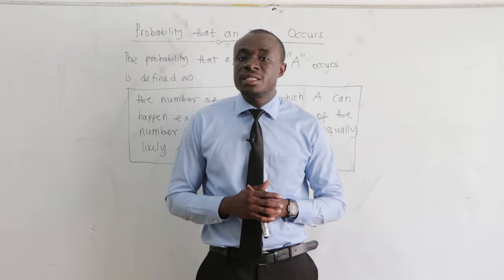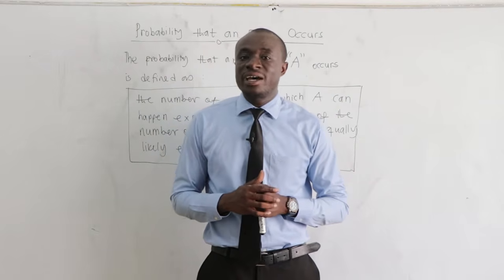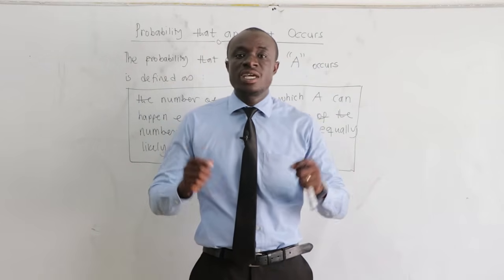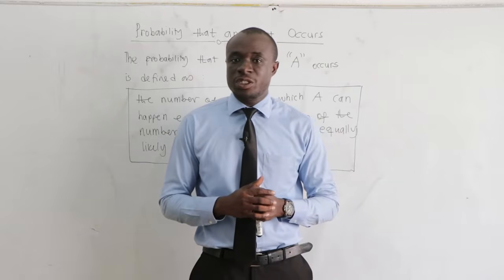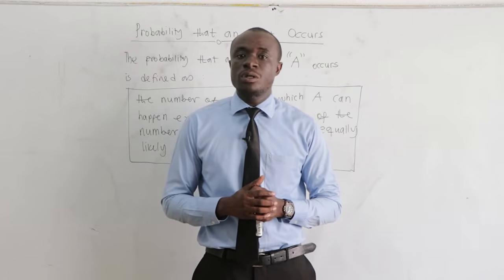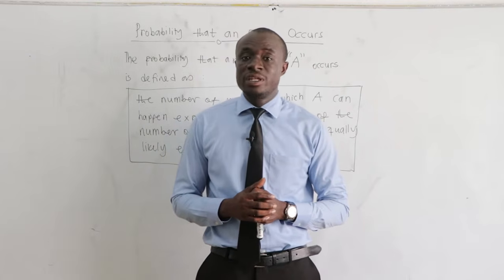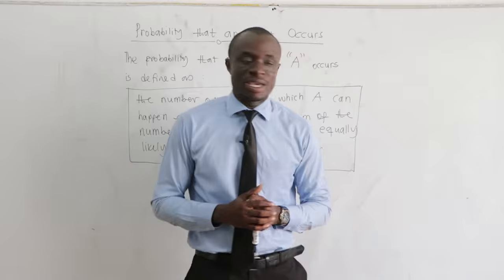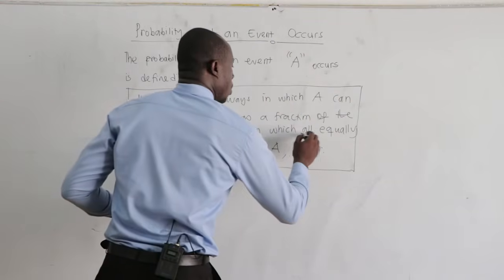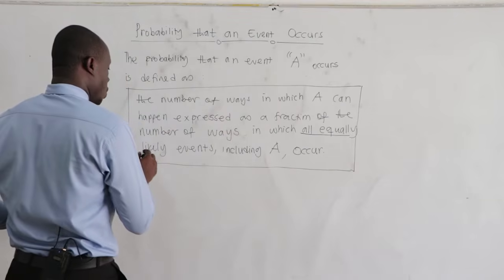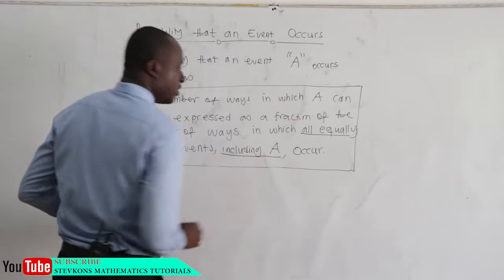Now, the most important thing for us to note is what? All equally likely events, including the A.